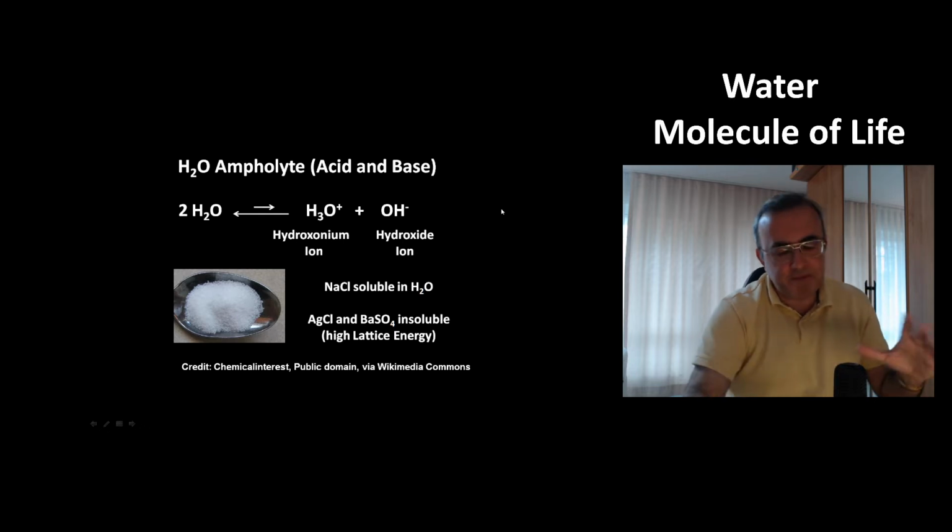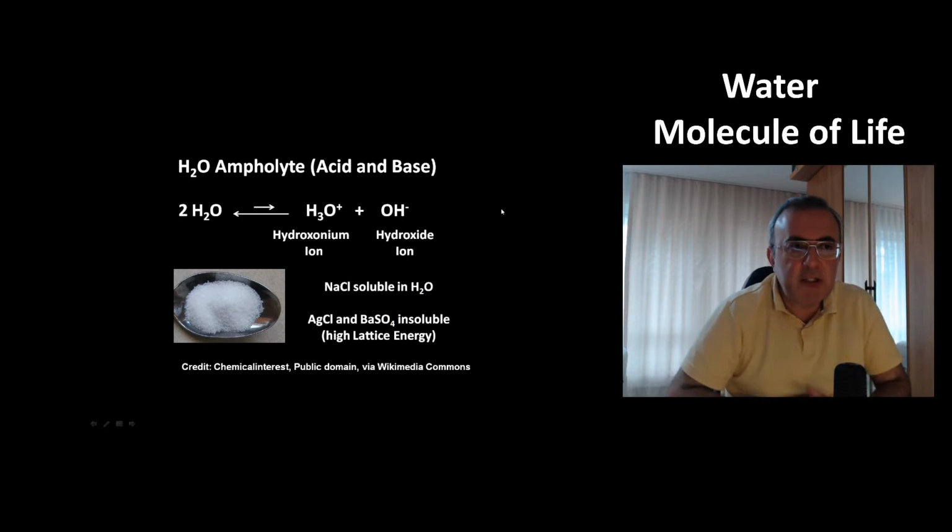But still, water has some ionic character, and that's why many ionic compounds are soluble in water, for example, normal salt, sodium chloride. And there are also exceptions, like silver chloride and barium sulfate. These are insoluble compounds because they have a high lattice energy. That means the ions fit very nicely together, and the water molecules cannot break them up.